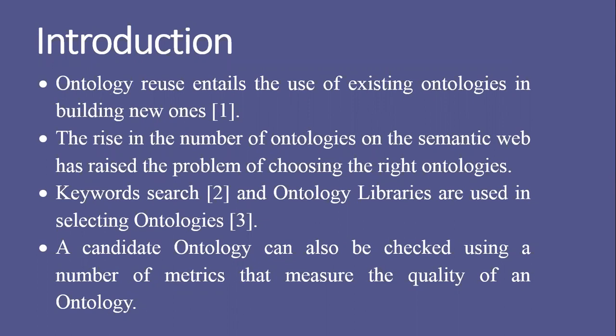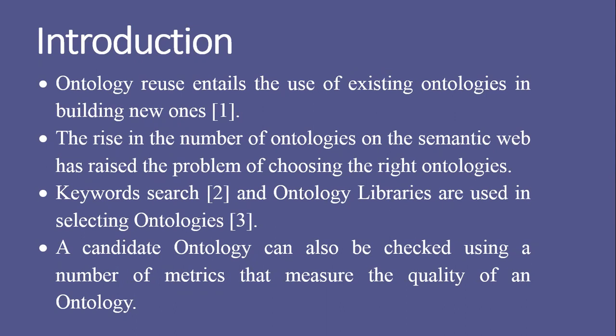The semantic web is basically an extension of the current web, and ontologies are the basic building blocks of the semantic web. Over the recent years, we've seen growth of the semantic web, and with this growth, there has been an increased number of ontologies.